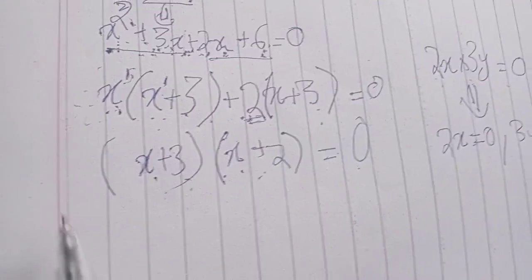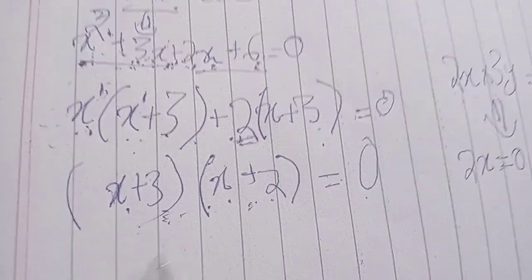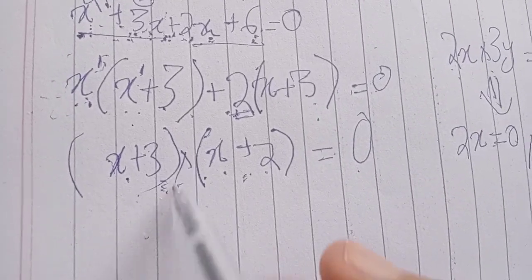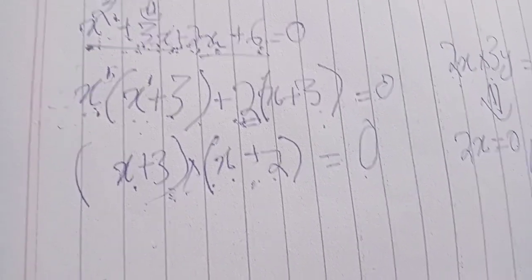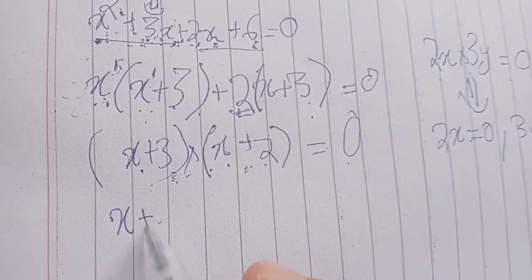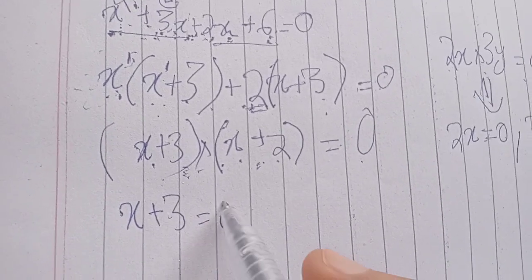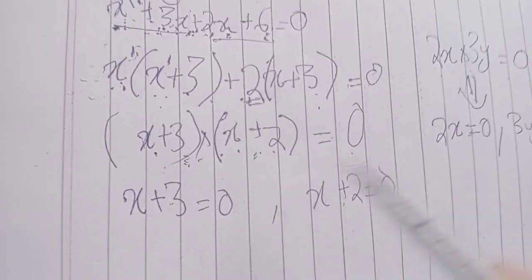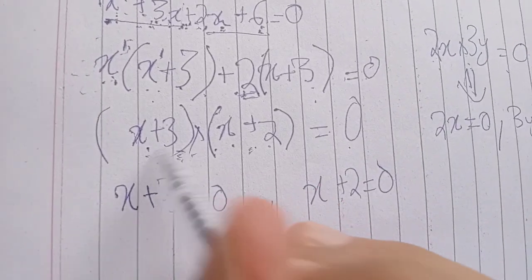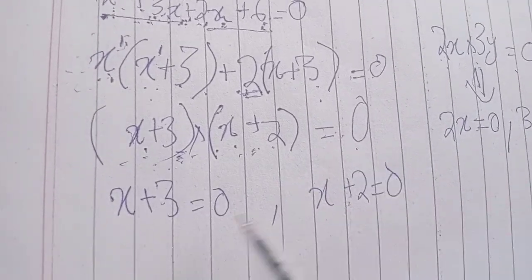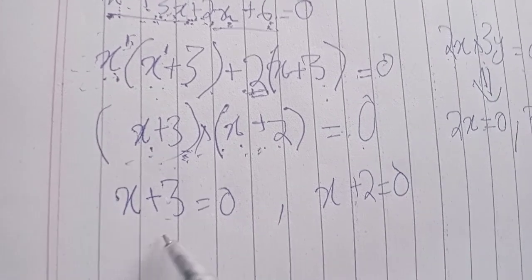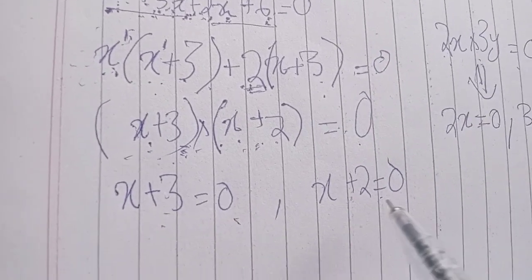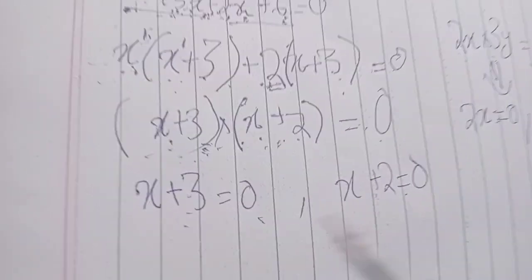As these are both brackets, they are multiplied with a hidden sign. So I will write two equations now, because both are individually equal to 0. So x plus 3 equals 0 and x plus 2 equals 0.